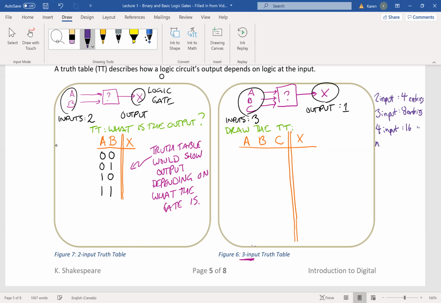In an n-input truth table, there are 2 to the power of n entries. So if I say, for example, 5 input, then it would be 2 to the power of 5, which is equal to 32 entries or rows on that truth table.